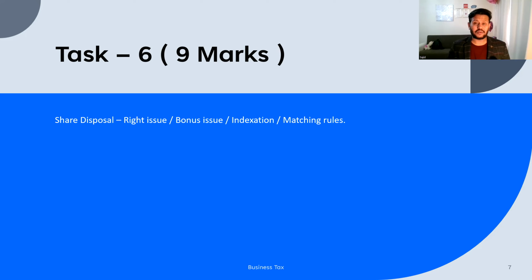So you need to know all the calculation for the share pool, especially do not forget the indexation, how to do it. So again, I'm going to remind you that the indexation is stopped December 2017. Do not give any indexation allowance after that. Be very careful with that. So with the share disposal, we have to remember a few things. The first thing we need to remember is if there is a rights issue, then the shares will be issued at less than the market price.